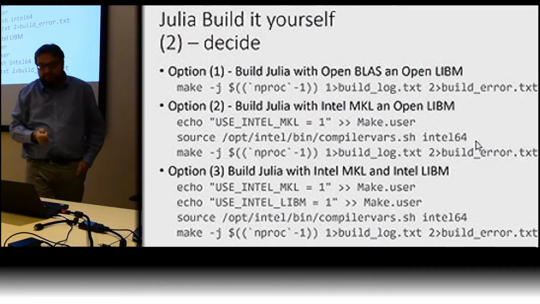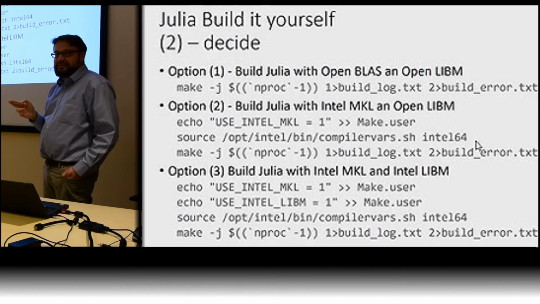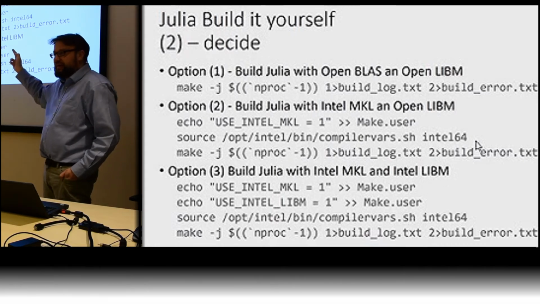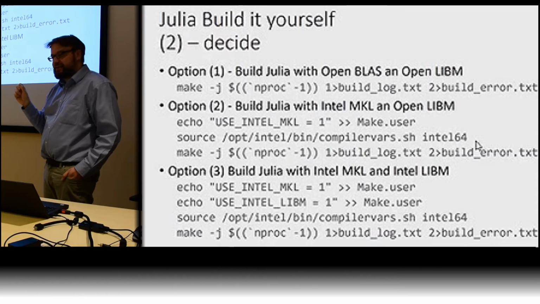Also, there is one more thing. When I'm building it myself, you need to be careful about what instance type you use to build your Julia, and then what instance type you use to run Julia, because the default make options use very aggressive optimization of the code to the current hardware architecture.